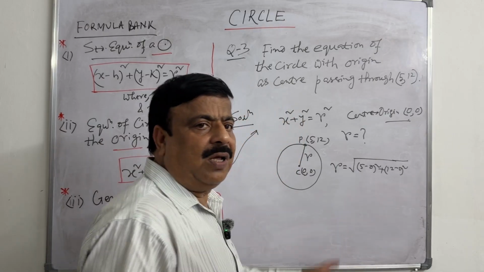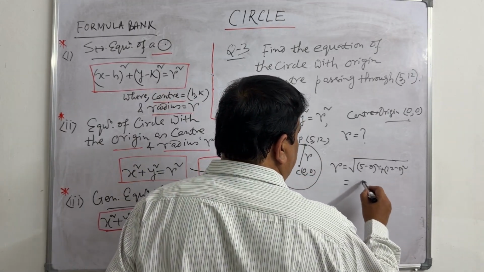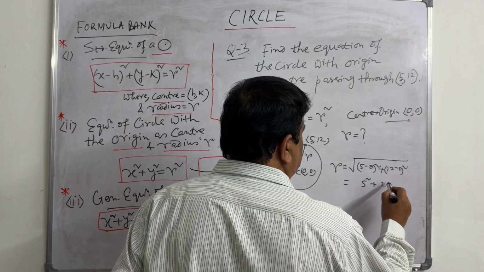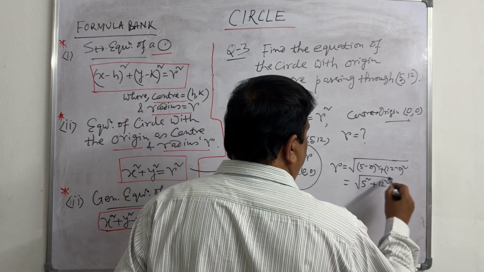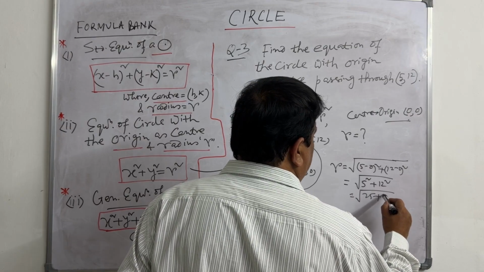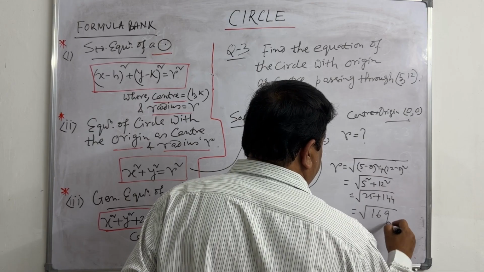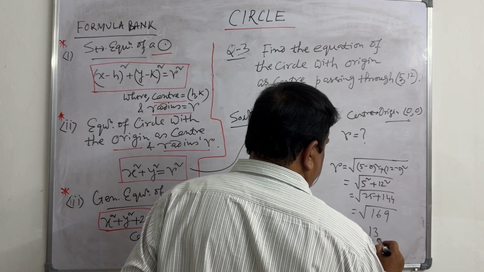From distance formula I can get radius. So this is 5 square plus 12 square, इसका square root that is square root of 25 plus 144, that is square root of 169, and this is equal to 13.